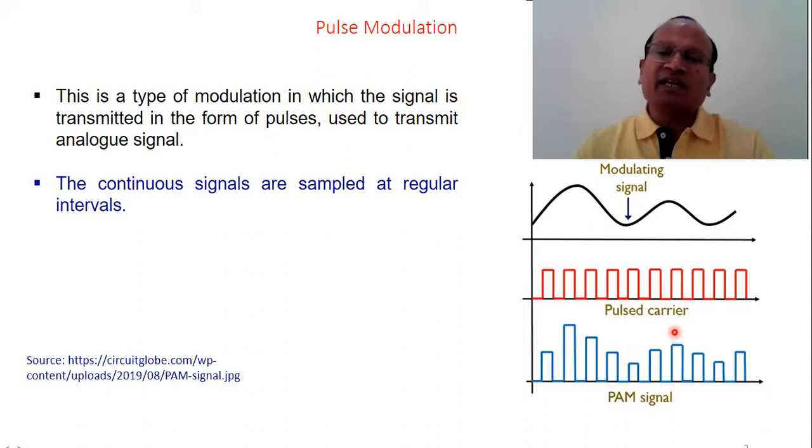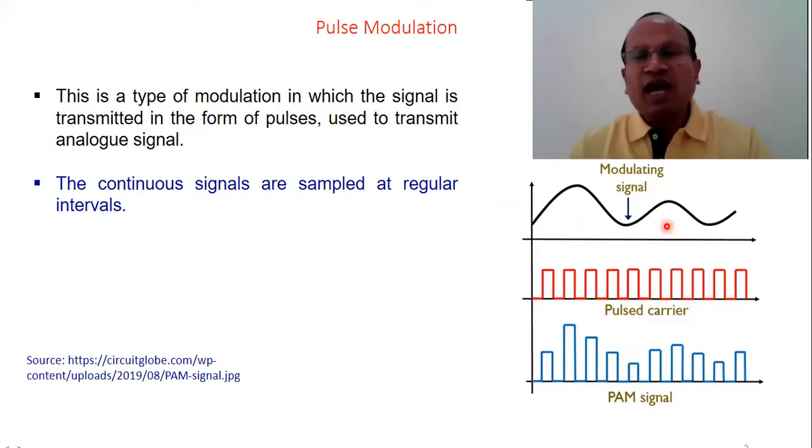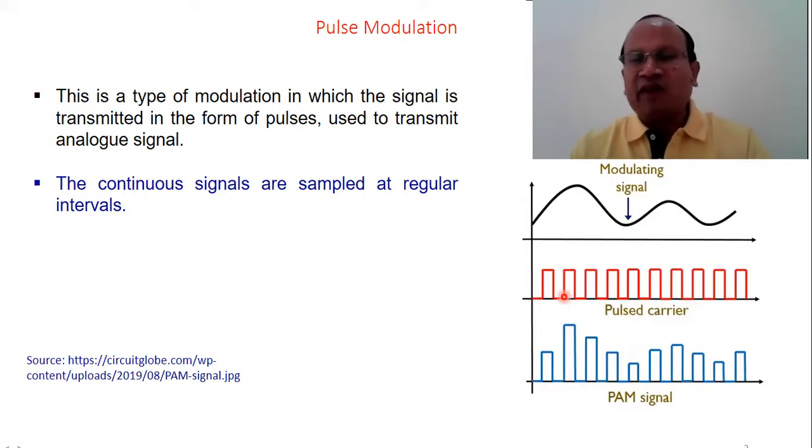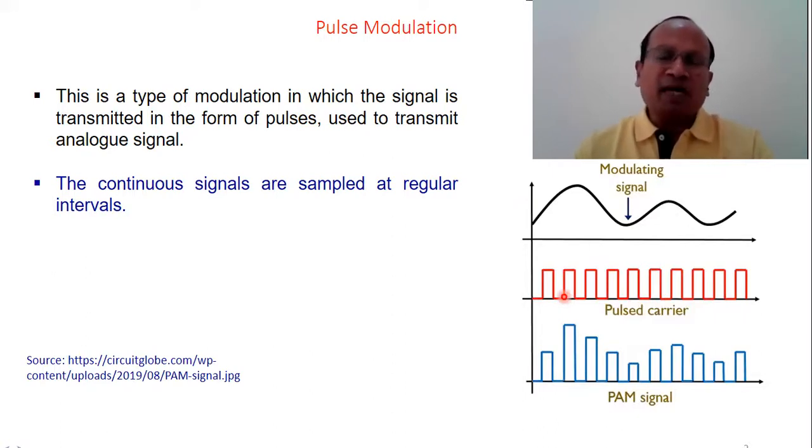So what is important here in pulse modulation? The message signal is an analog signal which remains as the same signal which we used in amplitude and frequency modulation methods. But the carrier is no longer the normal signal. It's of course high frequency signal, but the signal is converted in the form of a train of pulses.